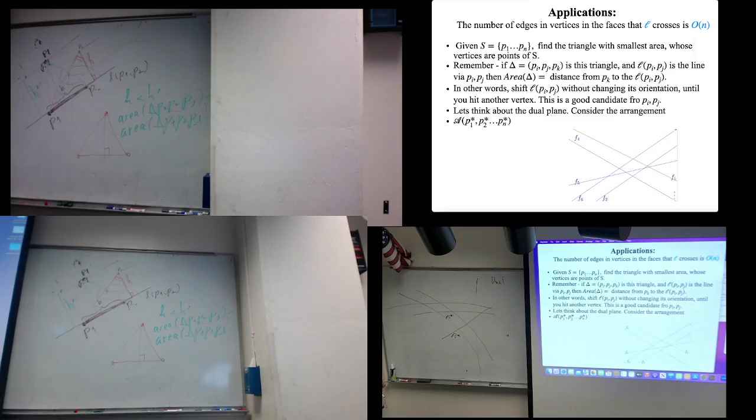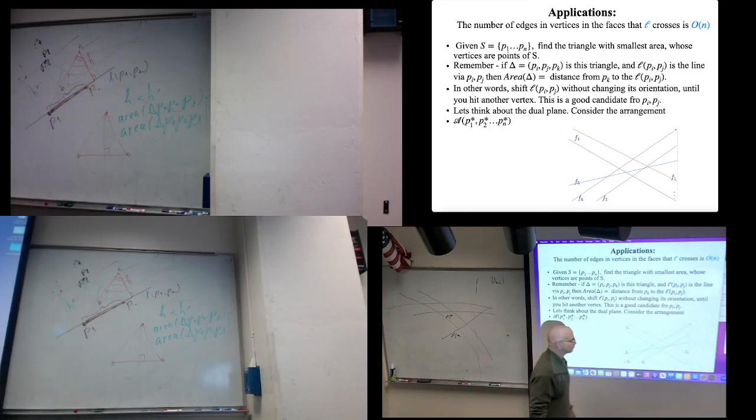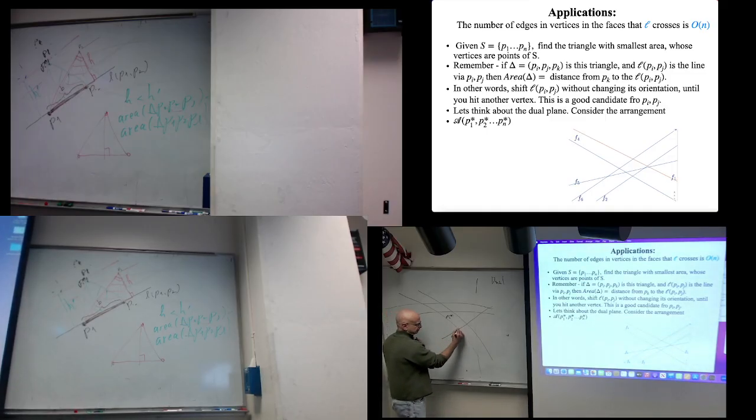What is the dual of the line that goes through P1 and P2? The dual of the line L of P1, P2. Where do you see it in the dual plane? Not too hard. The intersection of P1 star and P2 star. This is L of P1, P2 star.